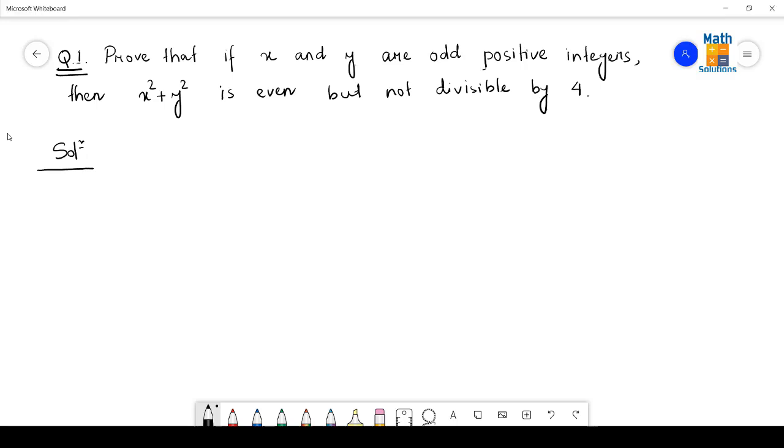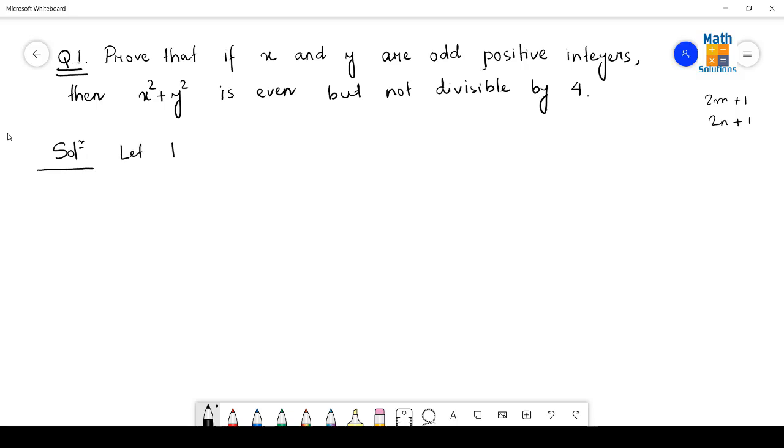Now the first and foremost thing that we have to notice here is that x and y are odd positive integers, and we can consider these odd positive integers in the form 2m plus 1 and 2n plus 1. So let us consider in that way first.